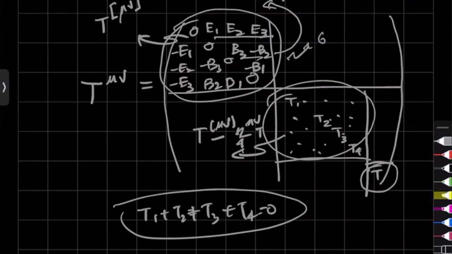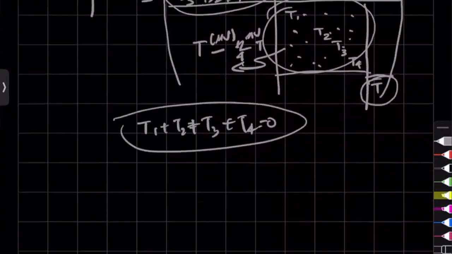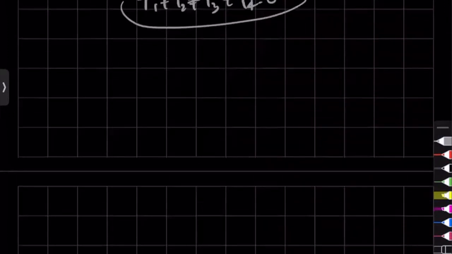And here we have a symmetric 4x4 matrix, right? A 4x4 matrix has 16 components, but it's symmetric. So if we subtract 4, which is the diagonal elements, and divide by 2, that's the number of independent off-diagonal elements, right, Saif?